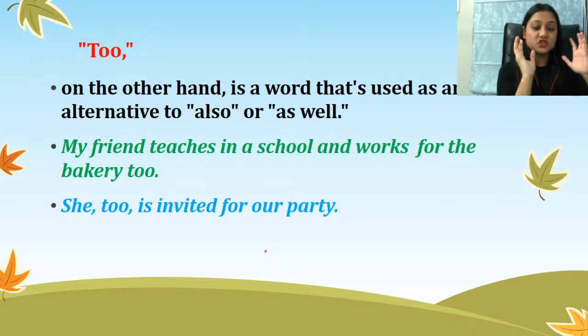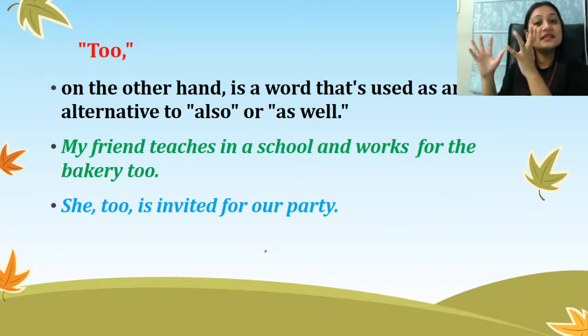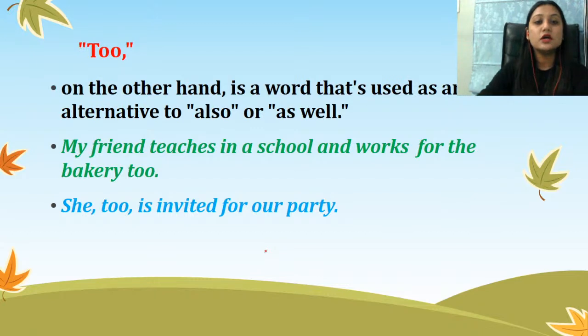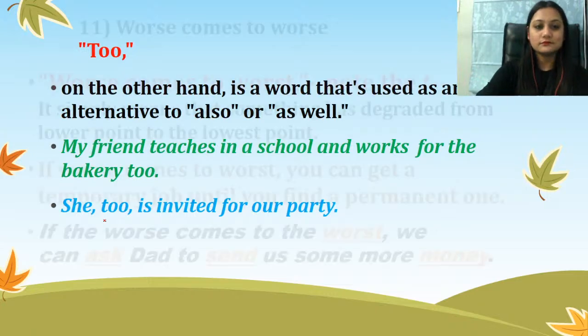So she is doing this work as well as that. Instead of using "as well as," we have simply used "too." This plus this, right? She too is invited to our party. So along with everybody, she's also being invited to our party. So here we have used "too."